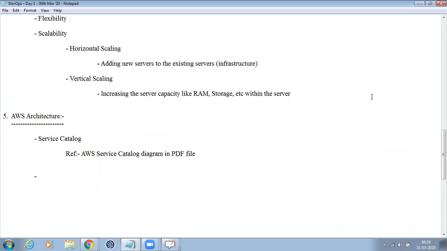AWS follows a structure or framework to provide its services across the globe. We already discussed the structure or framework, how they are providing it.